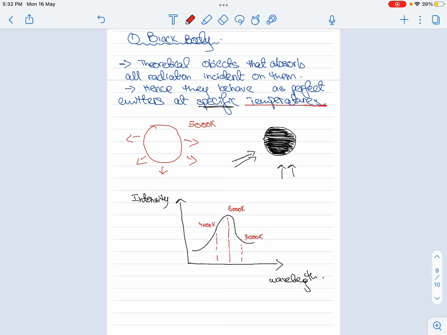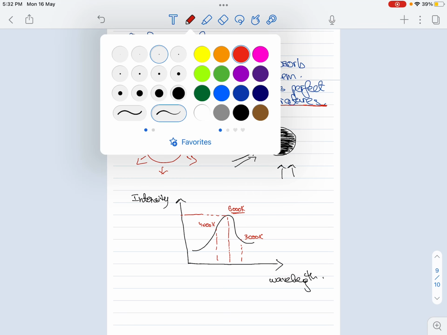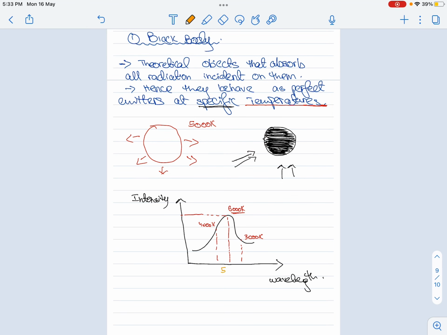So the wavelength emitted at the peak is when the star has maximum temperature, and this wavelength is emitted with maximum intensity. For example, this wavelength has the value of 500 nanometer, and we call this wavelength max, right? This will make sense when we talk about Wien's displacement law. So from this graph we have to understand two main things.